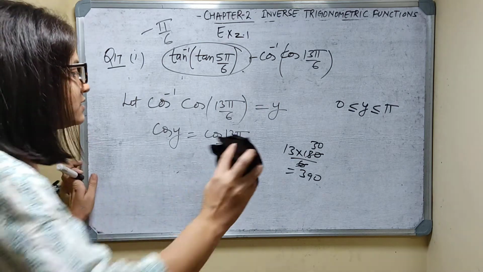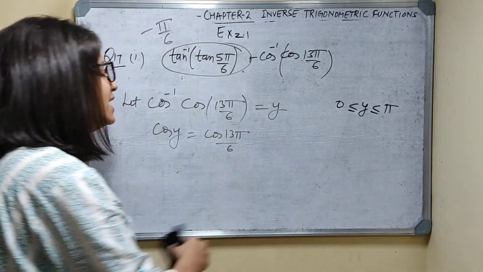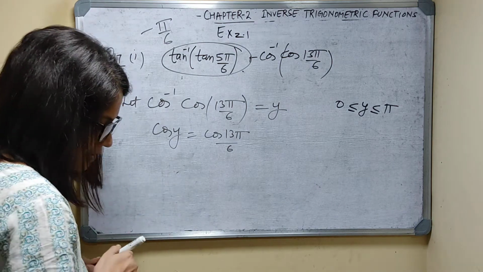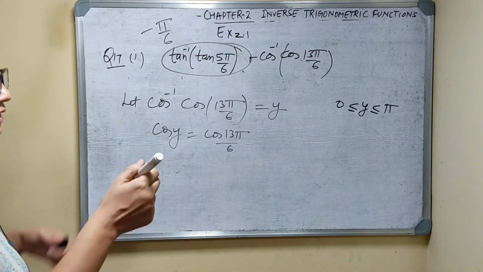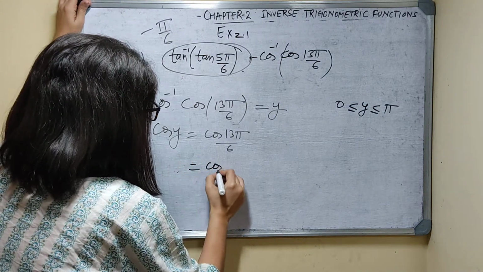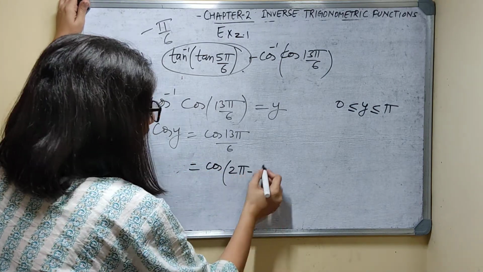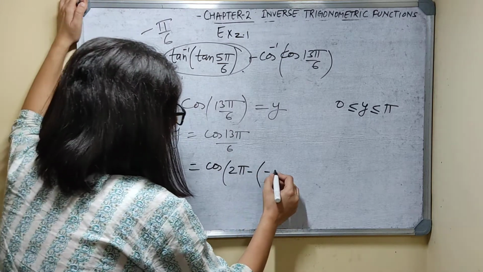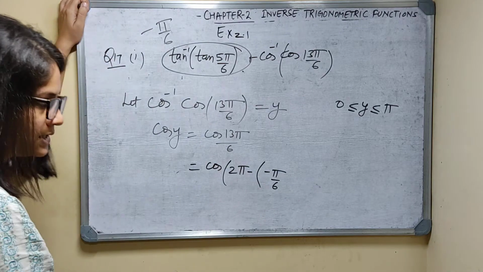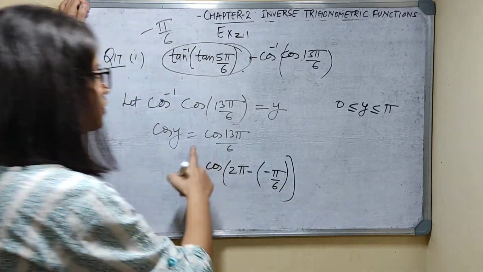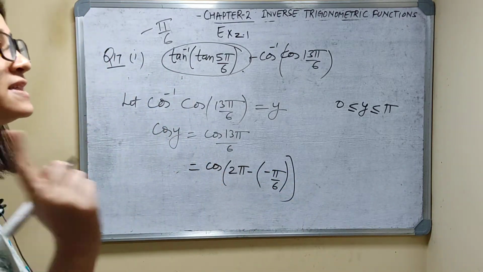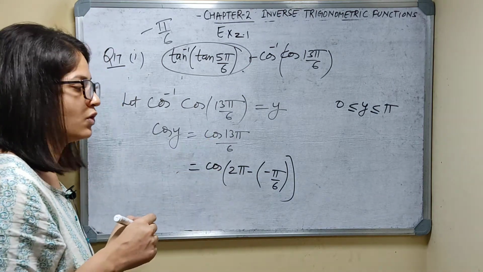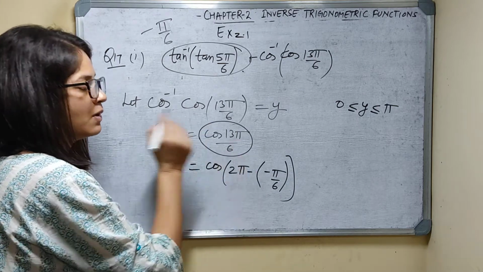I know cos is positive in the fourth quadrant. So I can write cos of 2 pi minus theta, because cos 360 minus theta will be cos theta only in the fourth quadrant, and cos value there is positive.